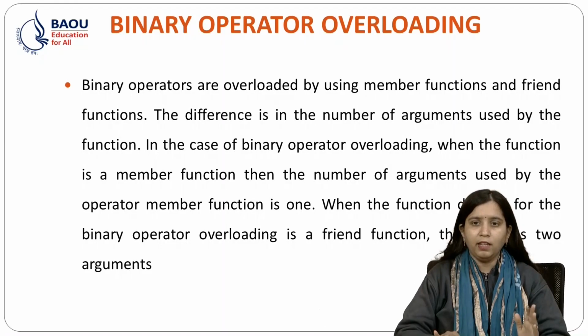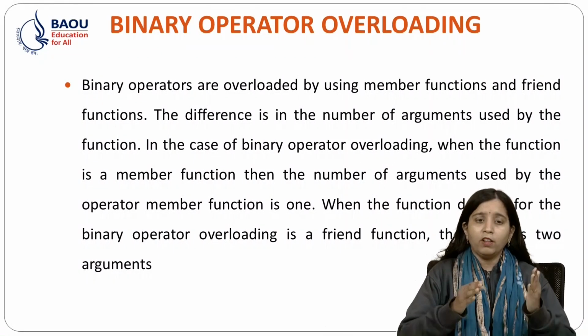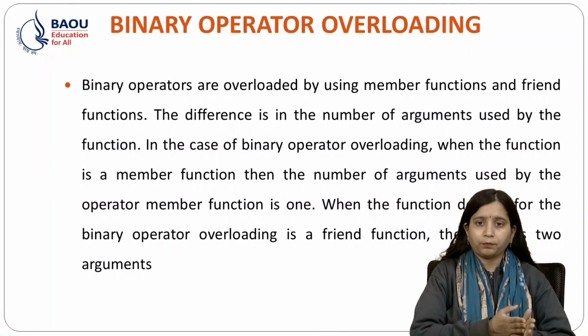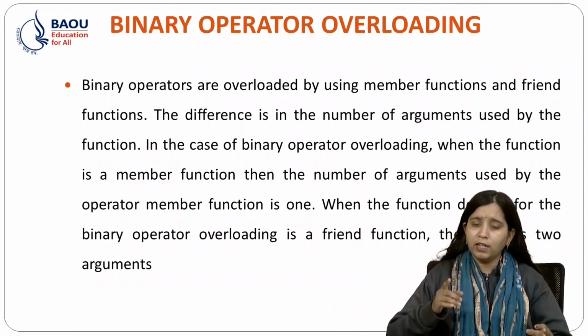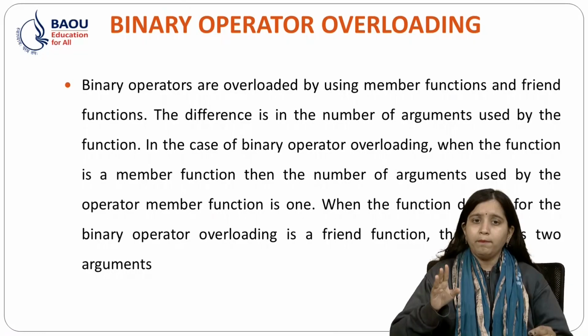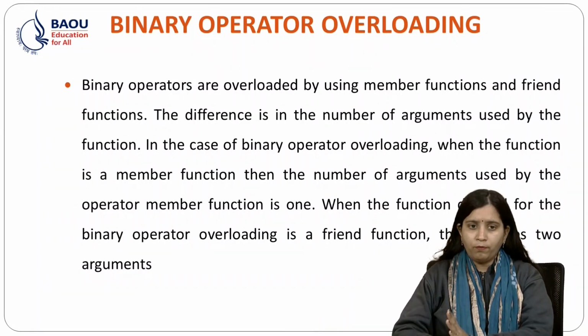Binary operators are overloaded by using member functions and friend functions. The difference is in the number of arguments used by the function. In the case of binary operator overloading, when the function is a member function, the number of arguments used by the operator member function is only 1. Why? Because one is the object itself and the second is an operand.